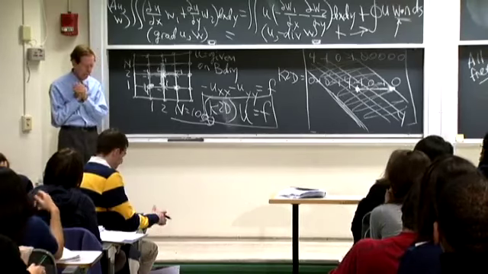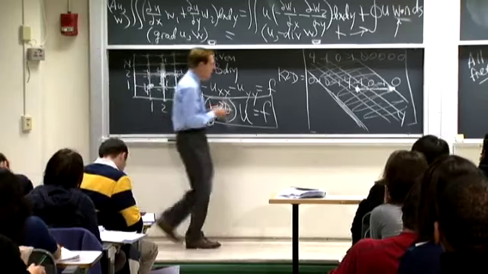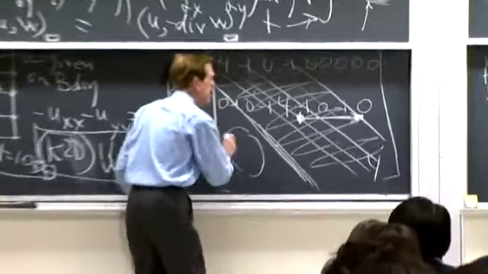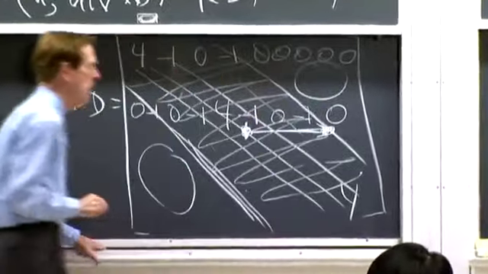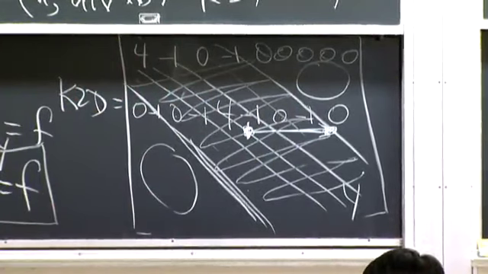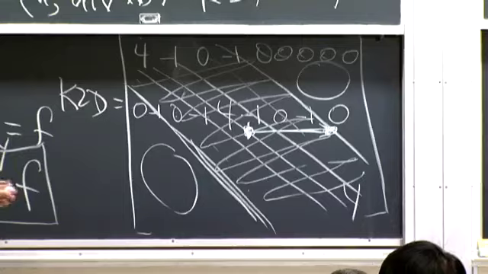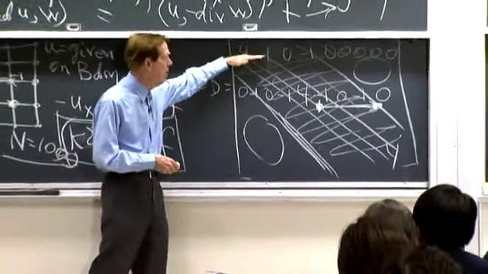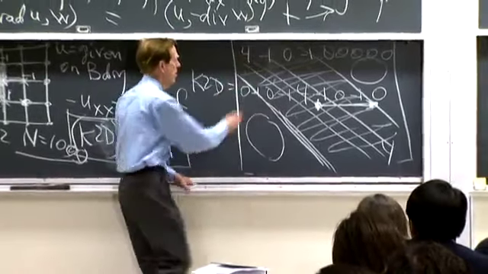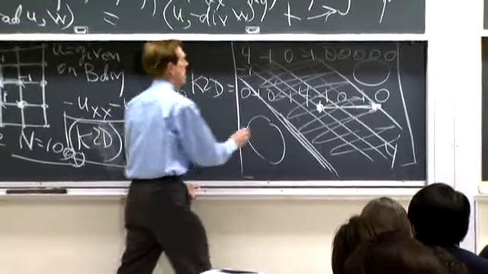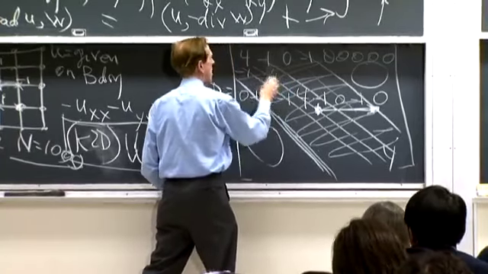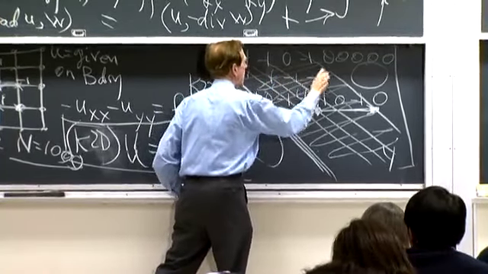How fast is it? Well, MATLAB, or any code, will take advantage of all these zeros. What do I mean by take advantage? And what do I mean by elimination? I'm going to subtract multiples of this row. There'll be a -1 below it on this row that has some 4s and some -1s.